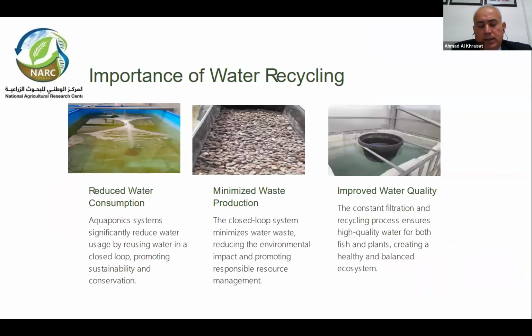Other things: after the 3 main principles, it depends on how we use the machines to reduce or make these principles efficient for the system to succeed. The first one is the importance of the water cycle, which reduces water use. At the start, I said Jordan is among the poorest in the world in water.